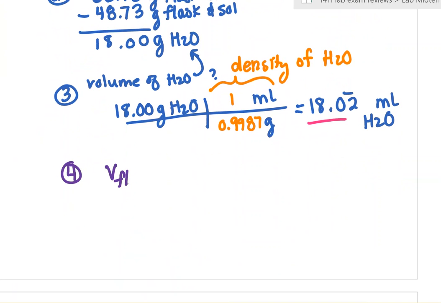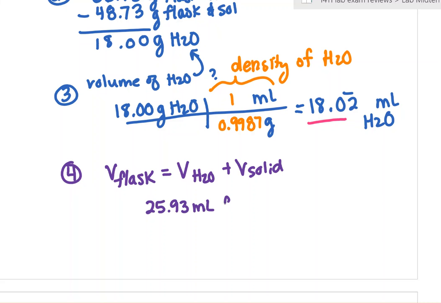So what we're using is this: the volume of the flask that we determined before, back when we were doing our liquid, and we're going to subtract the volume of water that it took to fill in the cracks, and that will give us the volume of our solid.